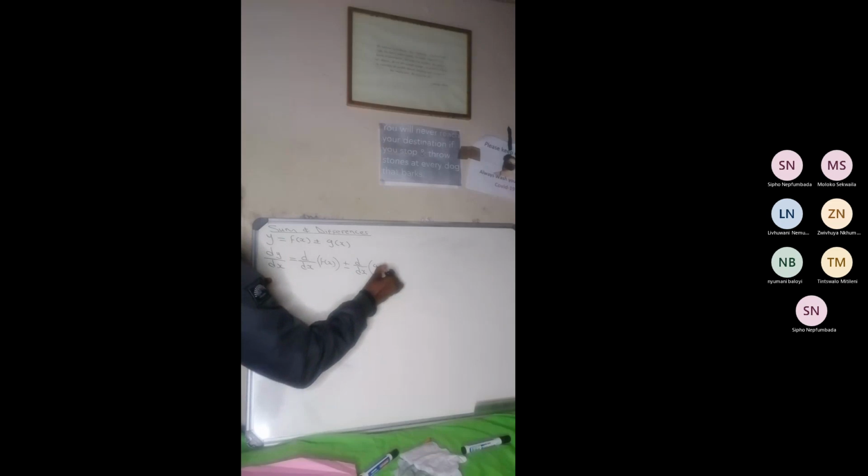This is equal to d/dx of f at x plus or minus d/dx of g at x. Are we fine with that? In other words, this is f prime of x plus or minus g prime of x. If you don't want to write this, you can write this.